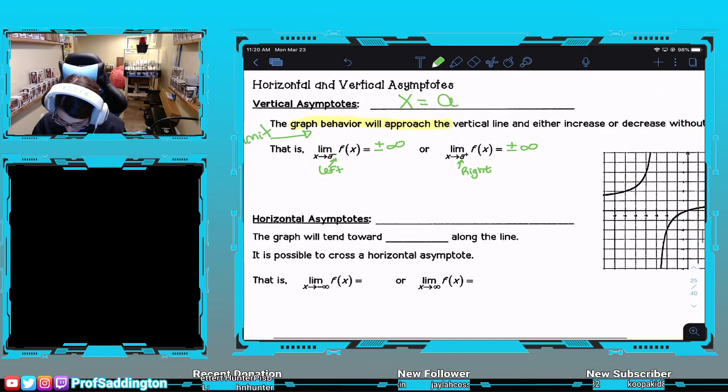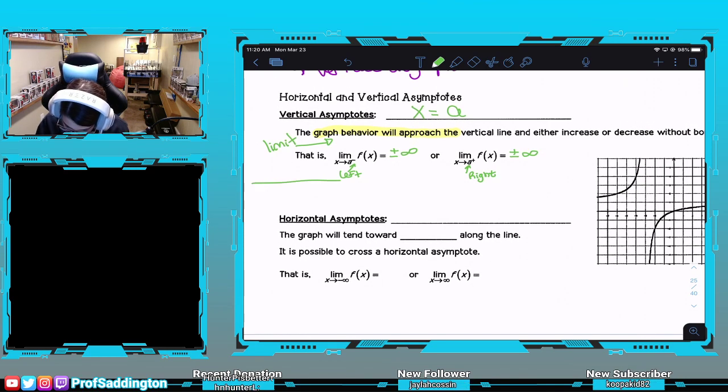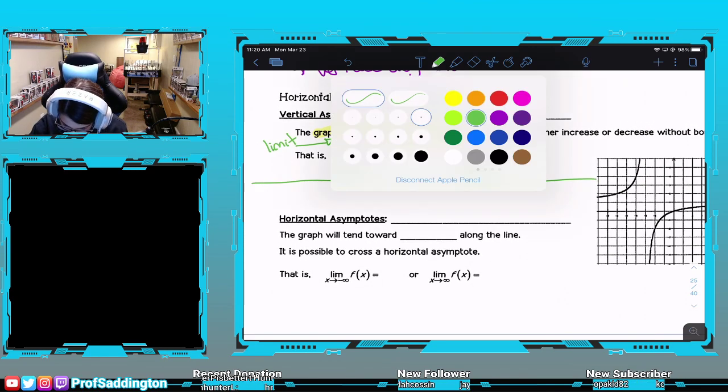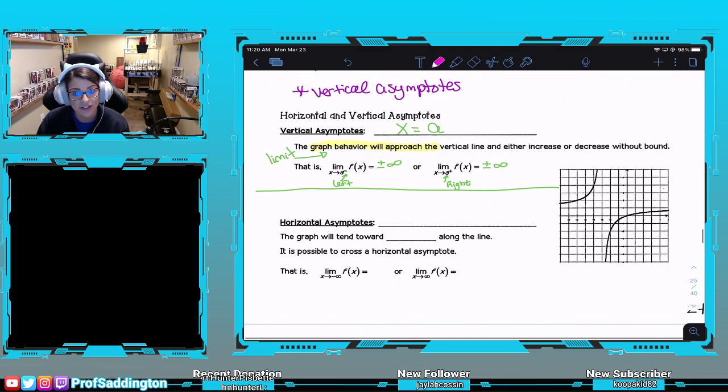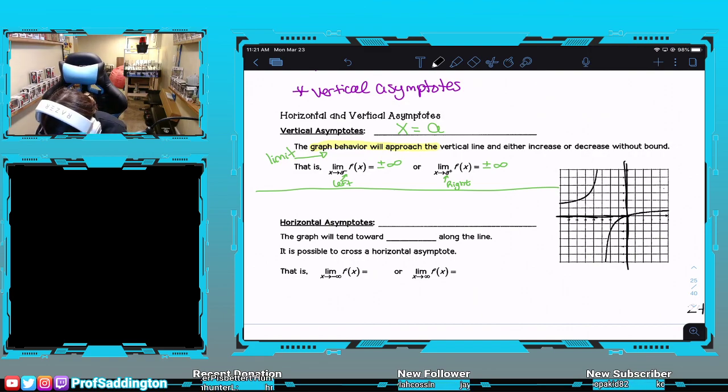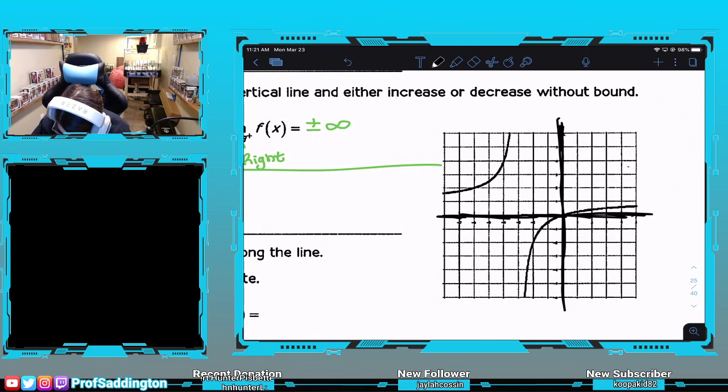So, let me put a line here. If we use our graph off to the side, we can see that there are some vertical and horizontal asymptotes. Let me draw on those axes a little bit darker, because it's kind of hard to see them. So sketch those in.